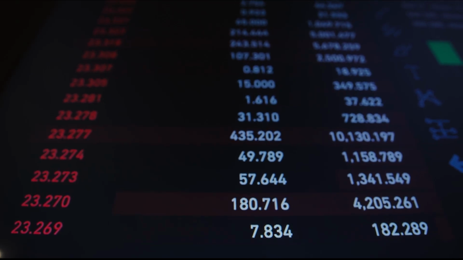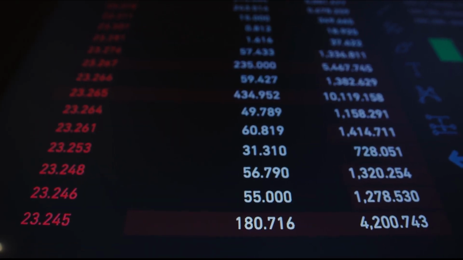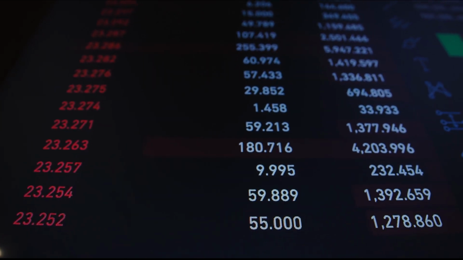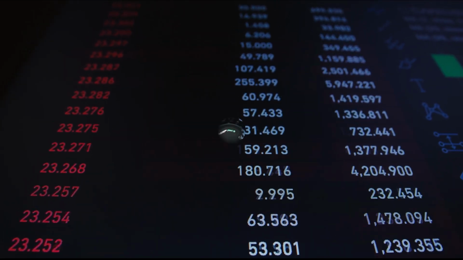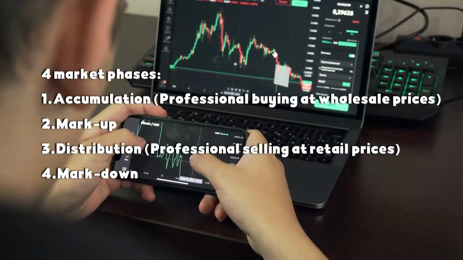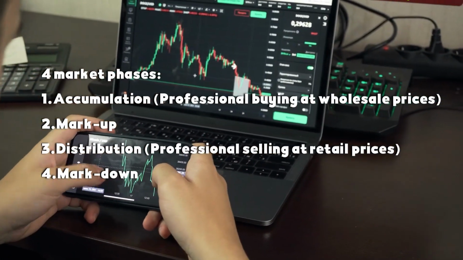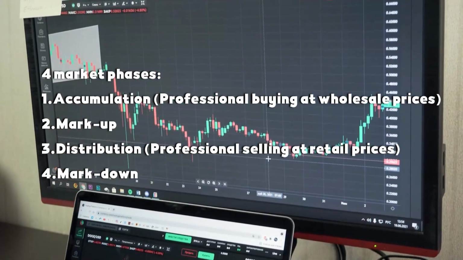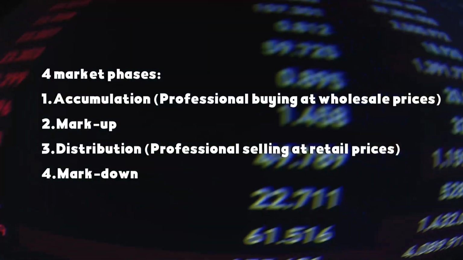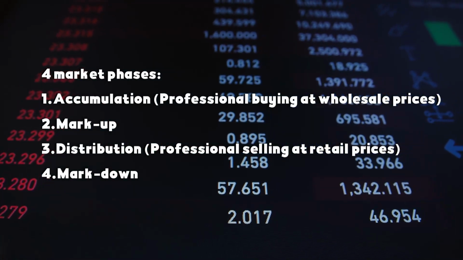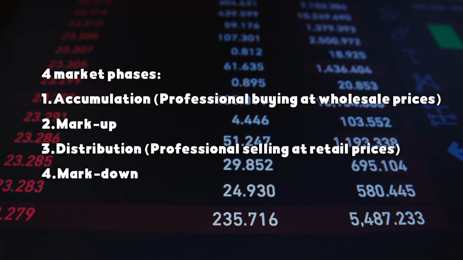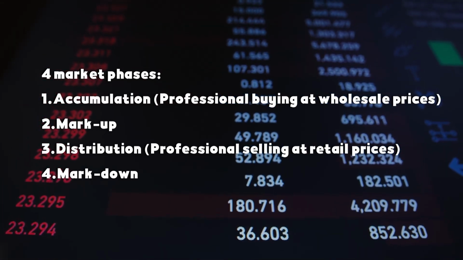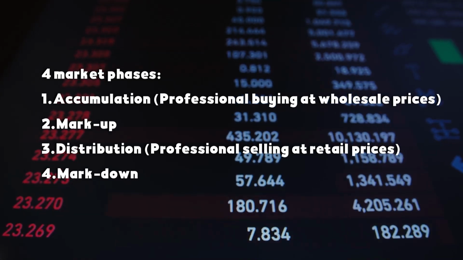With these three pieces of information, a trained trader will clearly see if the market is in one of four market phases. 1. Accumulation. Think of it as professional buying at wholesale price. 2. Markup, and 3. Distribution, professional selling at retail prices, or 4. Markdown.